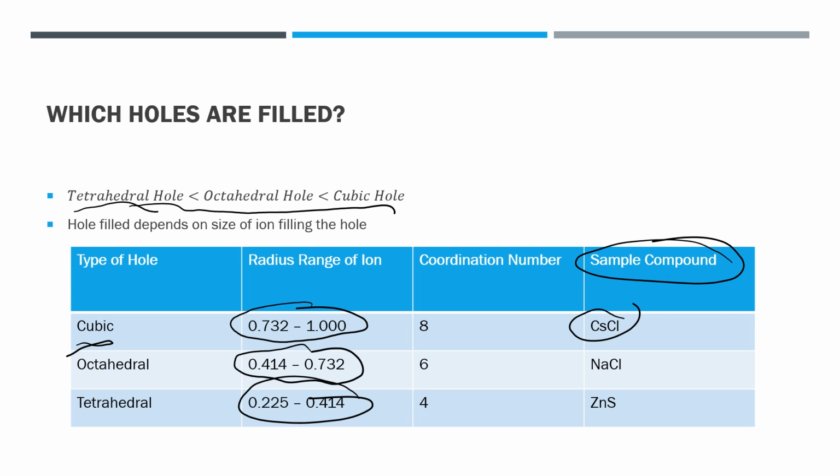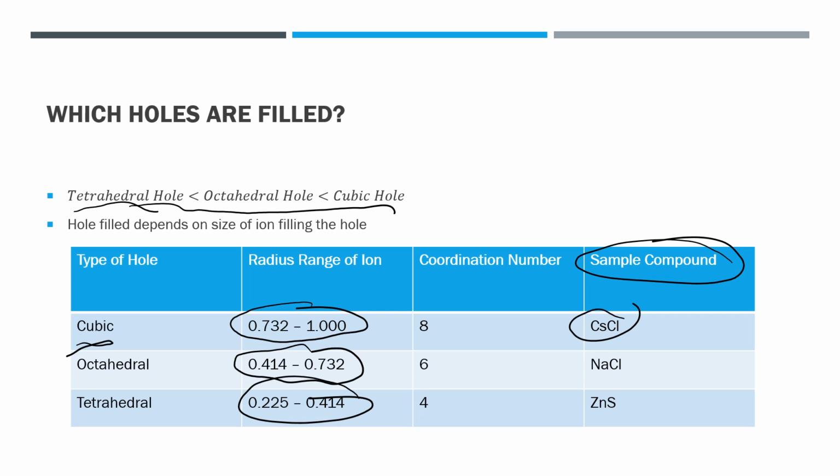We have an FCC lattice of chlorides, and these octahedral holes are filled by your sodium cations. Zinc sulfide fills the tetrahedral holes. So you're going to have zinc filling the tetrahedral holes of your sulfide anions in an FCC lattice. These are interesting sample compounds, and they are very classic.